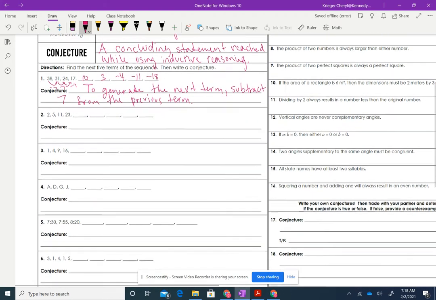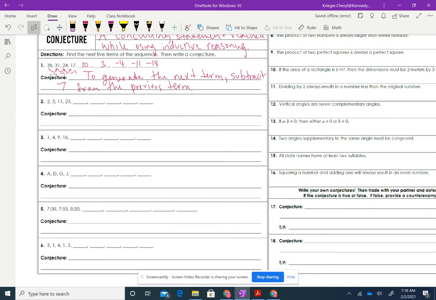Okay. Number 3. 1, 4, 9, 16. 1 to 4, 4 to 9, the differences are 3, 5, 7, 9.